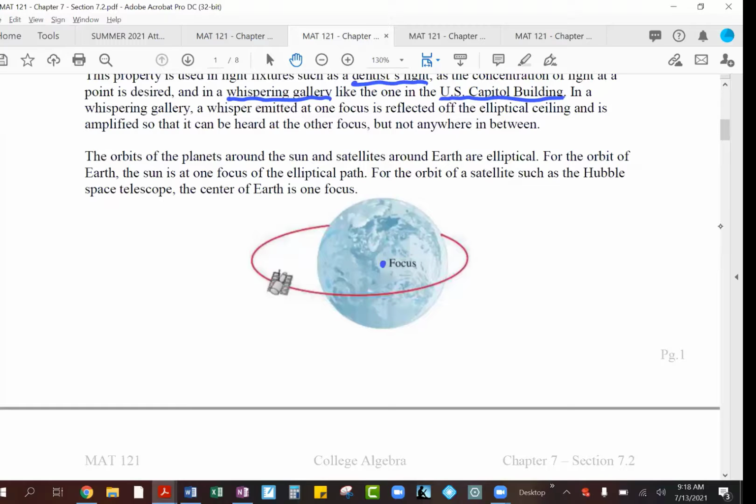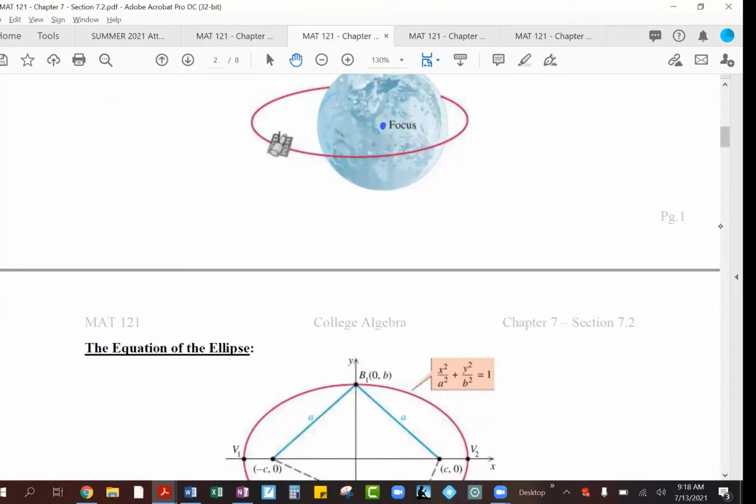Based on that, they can create what that elliptical orbit around the Earth should be, because, of course, there are so many satellites up there. You don't want them running into one another. So each one will have a different elliptical path. But again, they're using the same concept of an ellipse to create those paths around our planet.